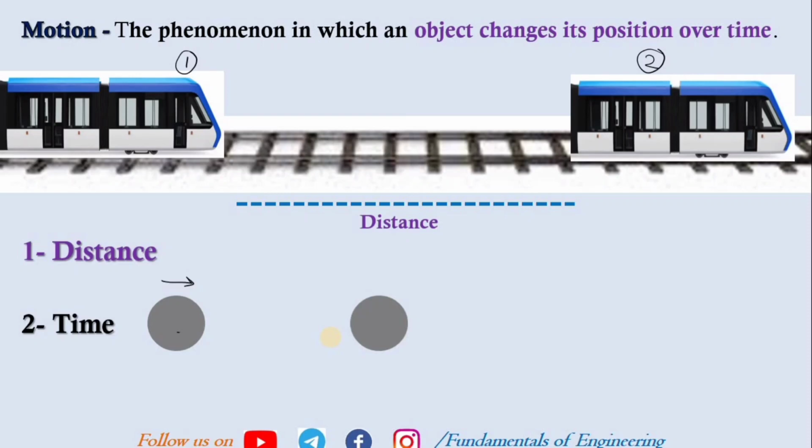Whenever the distance is traveled in a certain time, that is referred to as the speed of that object. Speed is given by the distance traveled by an object, and we don't consider the direction. Whenever the object travels a certain distance with respect to time, that is known as speed.